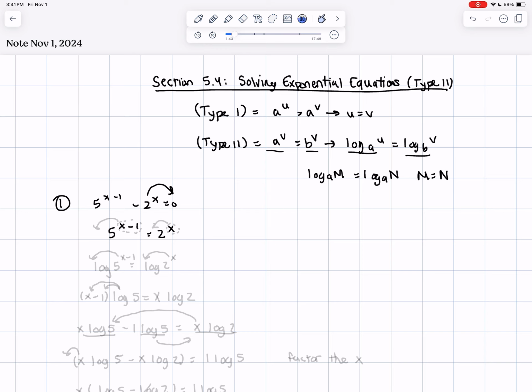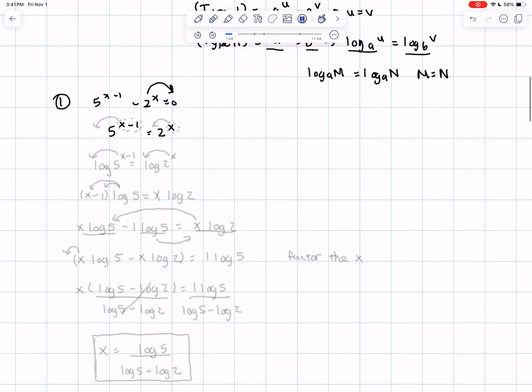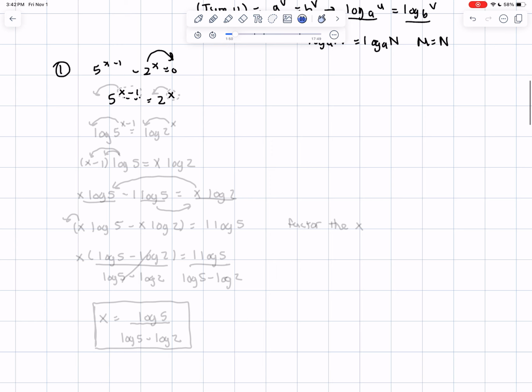So one of the first things you always do with these problems is to bring down the exponent. And that's this guy here and this guy here. So you bring down the exponent in front of the value. But before I bring it in front, I want to put the logarithm in.